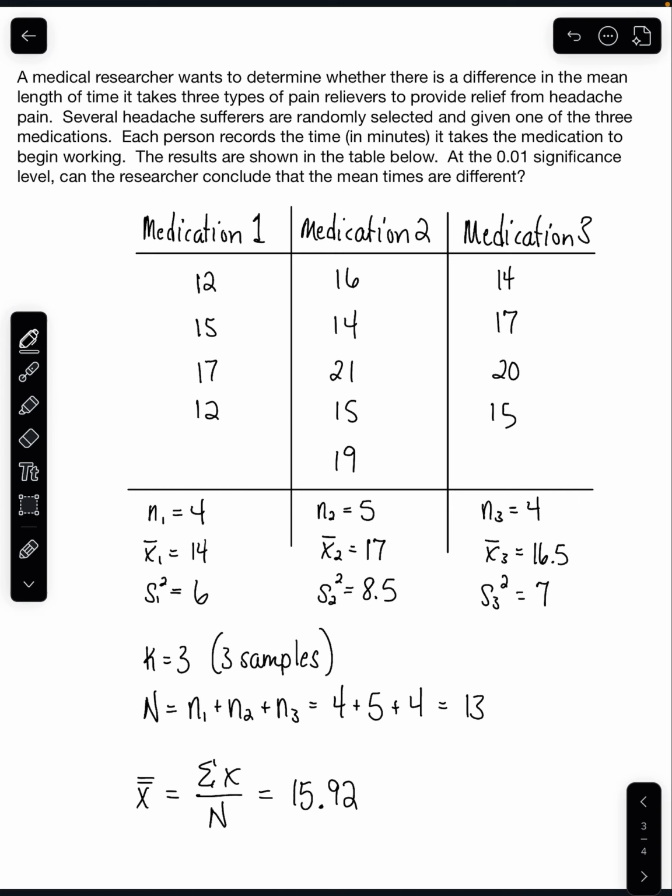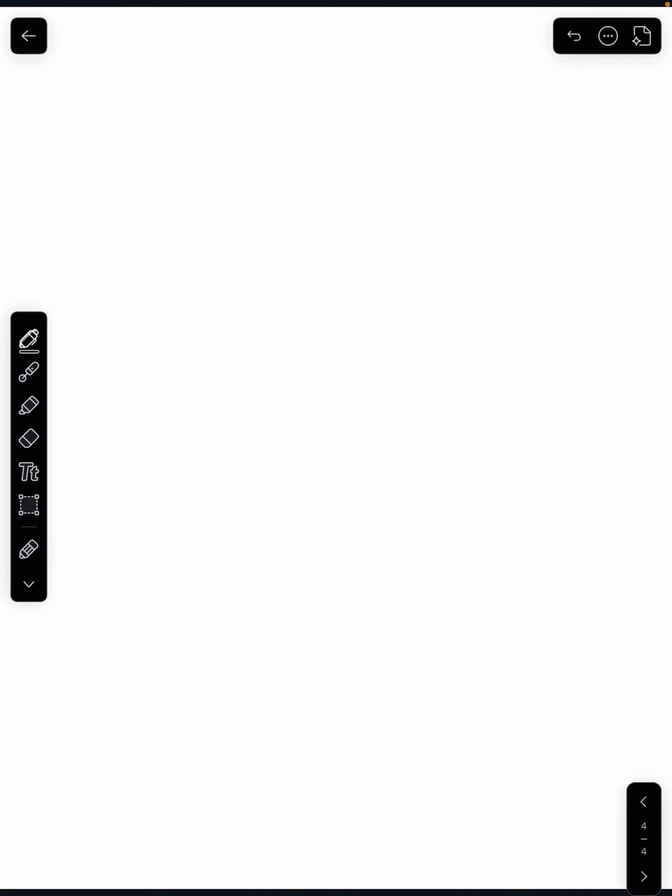We are now ready to start filling in with the sum of squares between and the sum of squares within. The sum of squares between the samples comes from the sum of, for each sample, its sample size times the deviation of its sample mean from the grand mean squared.